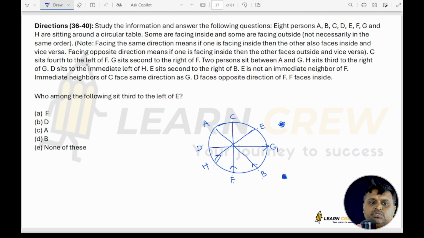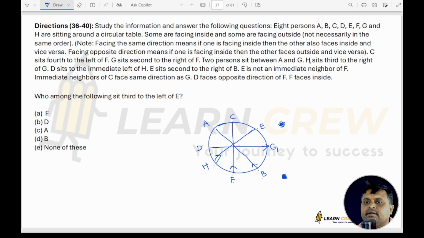C is fourth to the left of F, and G is second to the right of F. We already did these. Two persons sit between A and G. We have done that too.